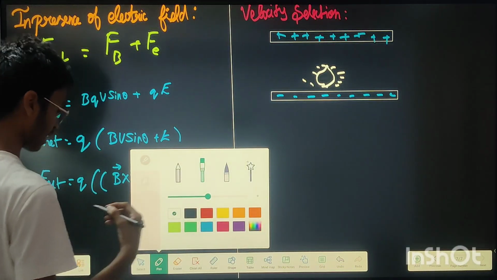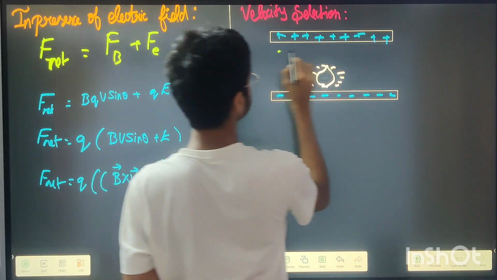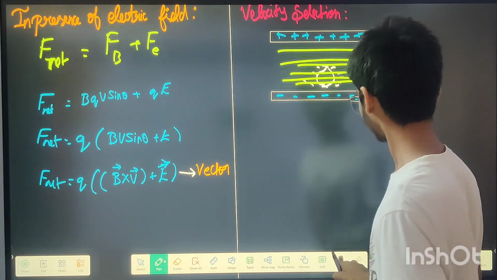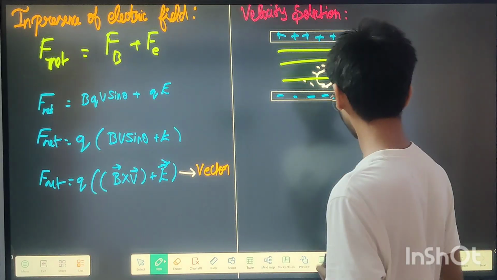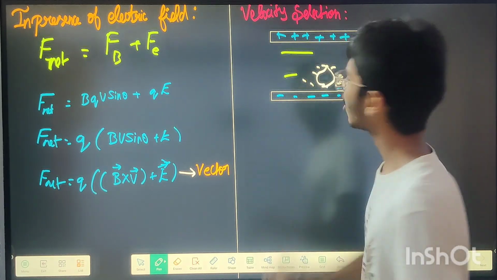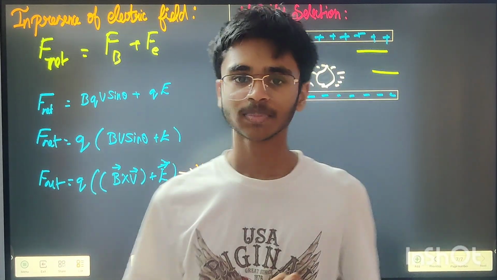And also there is this magnetic field. If I draw like this now, then nothing will be clear, so you just draw like this. All these indicate the magnetic field.